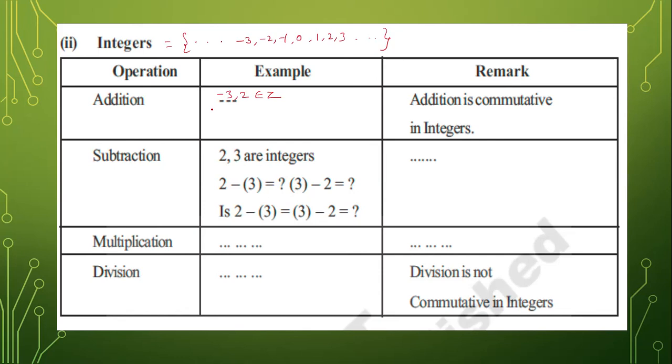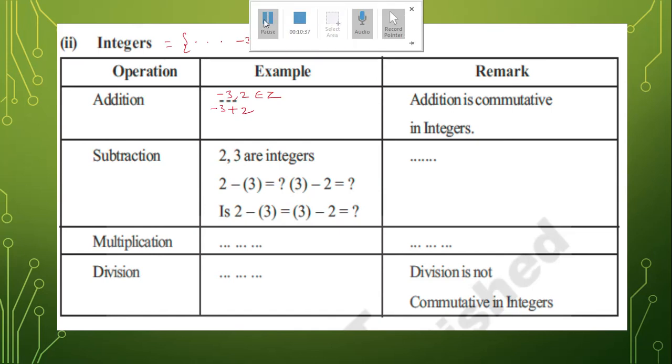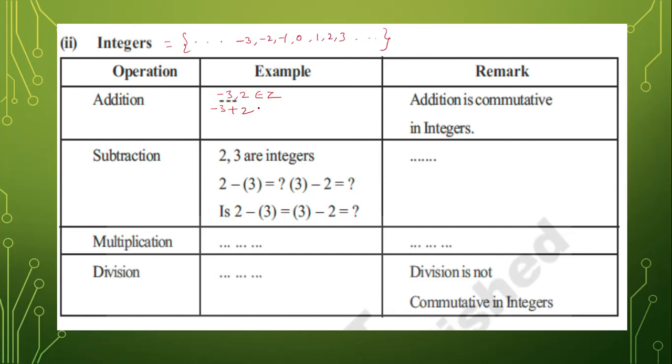First instance, you take minus 3 plus 2. What do you get? Minus 1. In the second instance, you change the order, 2 plus minus 3. Here also you get minus 1.